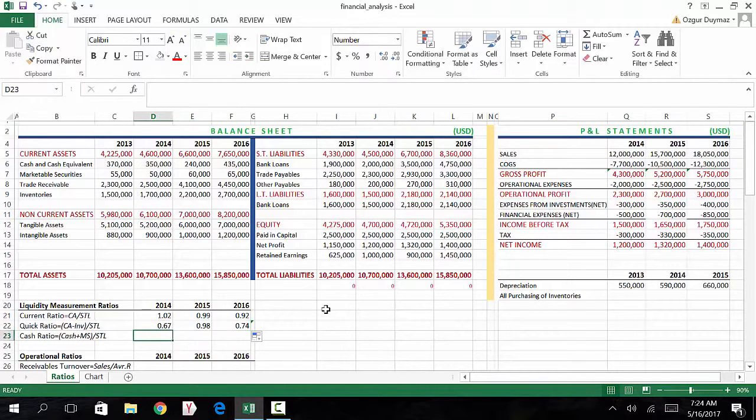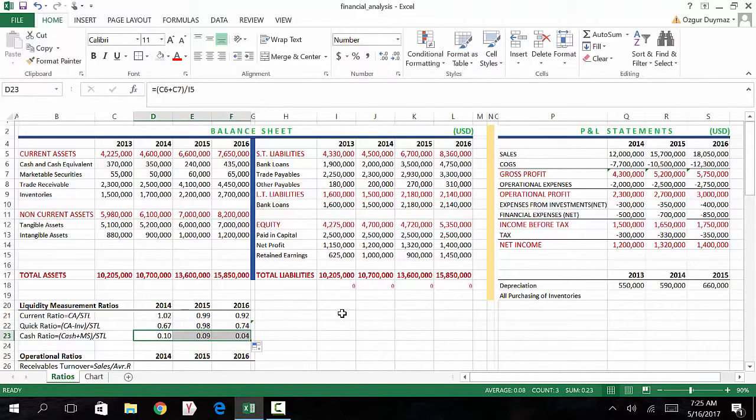And the last one is the cash ratio. I mean, cash and cash equivalents plus marketable securities, and we will compare this amount with short-term liabilities. Cash and cash equivalents plus marketable securities divided by short-term liabilities.